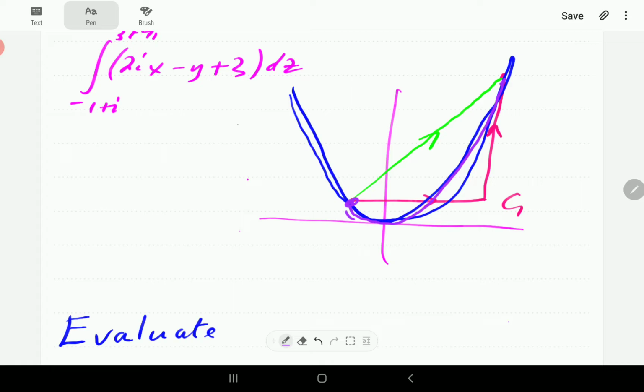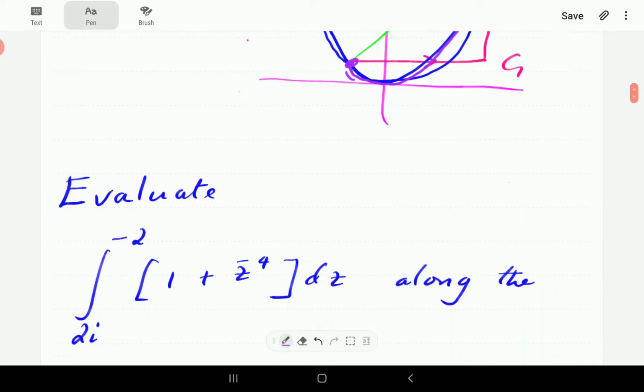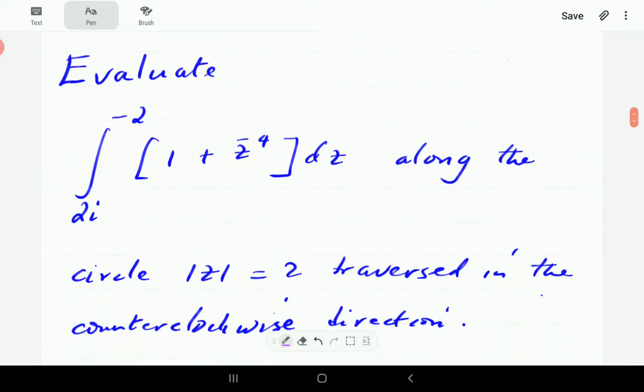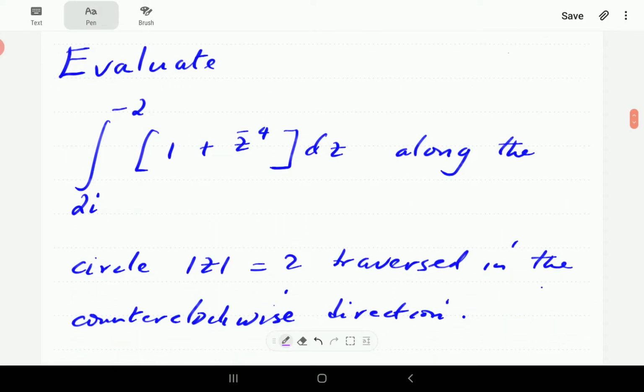Okay, so that is covering the different possibilities. In this video, we're going to look at how to evaluate a contour integral if the path has got circular symmetry. That means the path is either a circle or part of a circle.